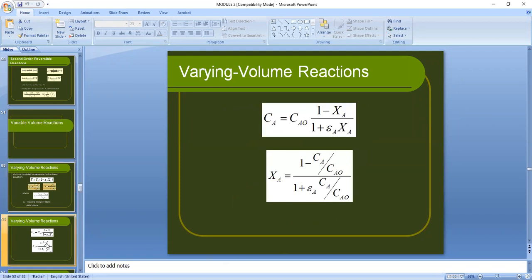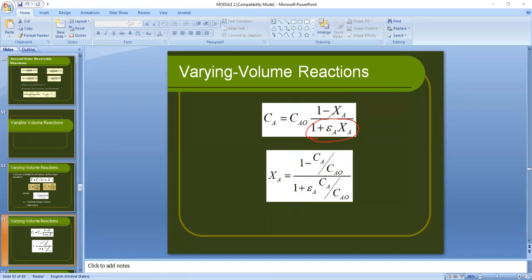Now, volume is expressed in terms of the linear equation relating the initial concentration to conversion. In the constant volume reaction, we only have Ca equal to C sub AO times the quantity 1 minus Xa. We don't have this.